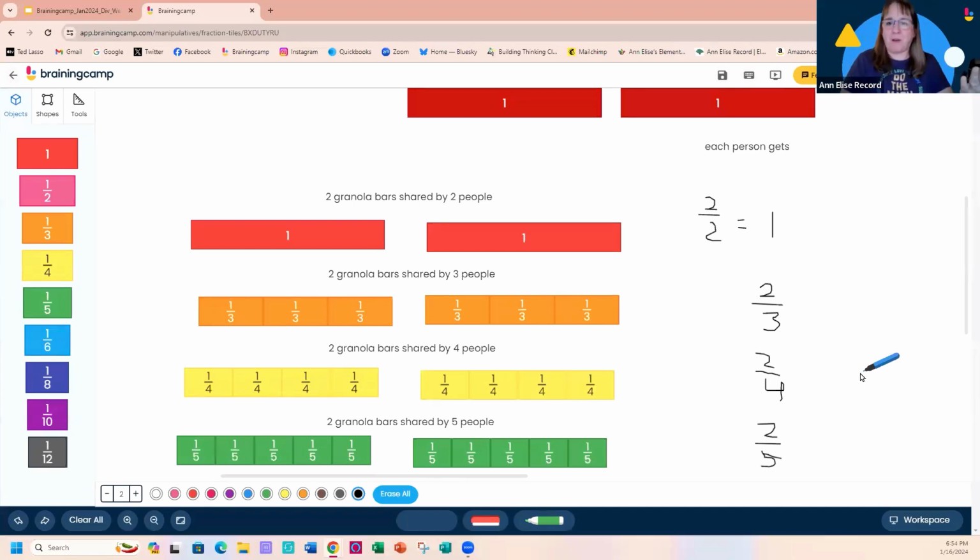The 3 objects that are being shared and the number of people being shared. It is a crazy cool connection that I didn't know until many years in my teaching journey, but that fraction is division. It is 2 divided by 5. That's what 2/5 is. Crazy powerful.